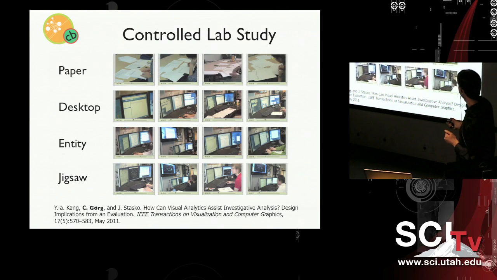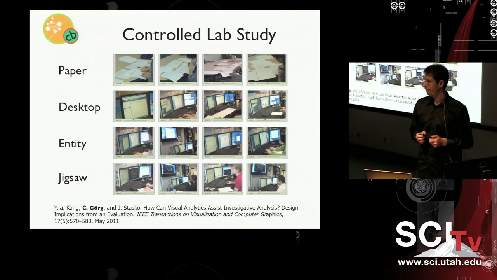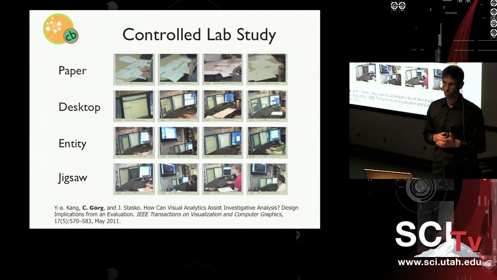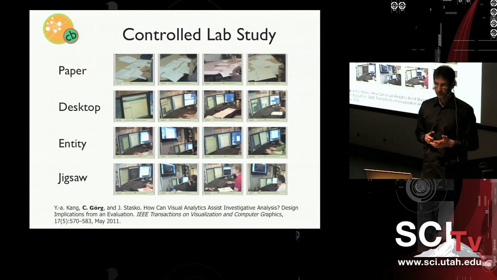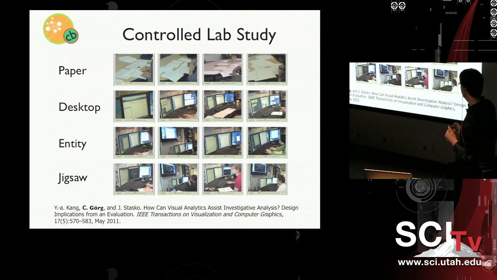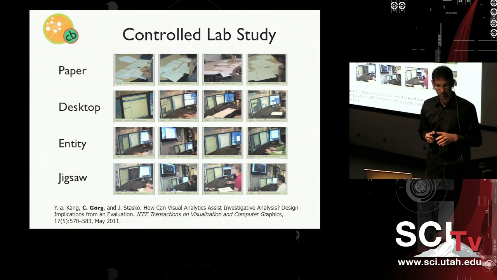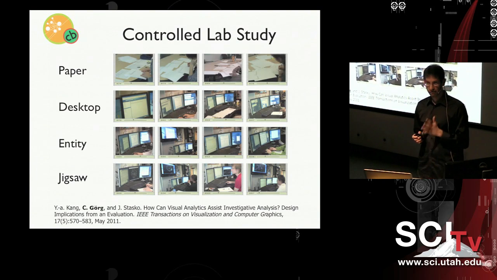In a second setting, we were just using desktop tools on a Windows system where the students could open the electronic versions of the documents in a text editor and use a search function to search across the document set. In a third setting, we were using the Jigsaw system, but it was restricted to only one view.